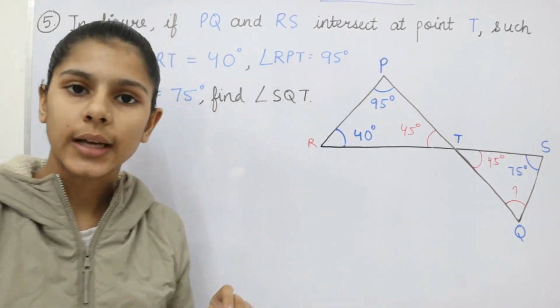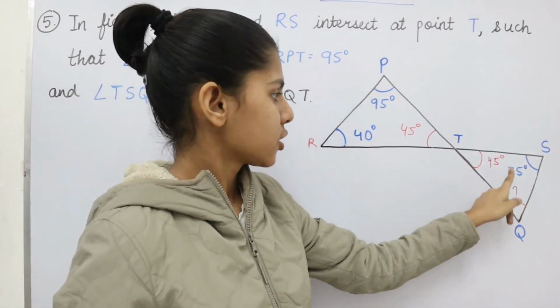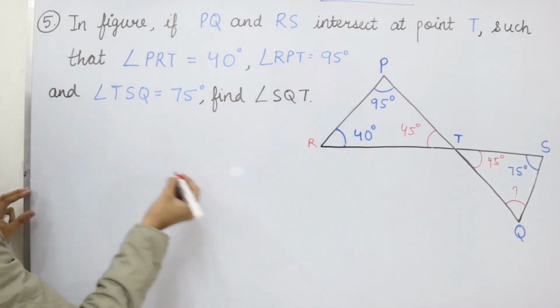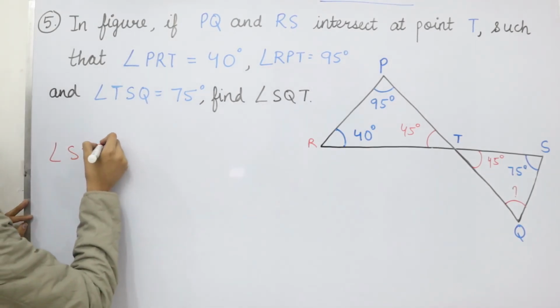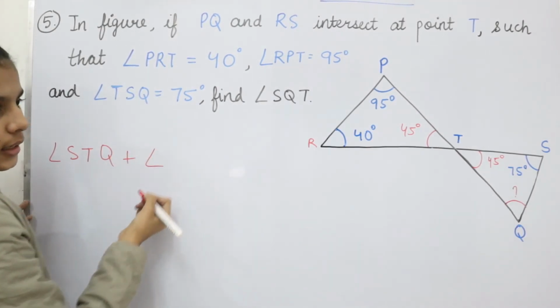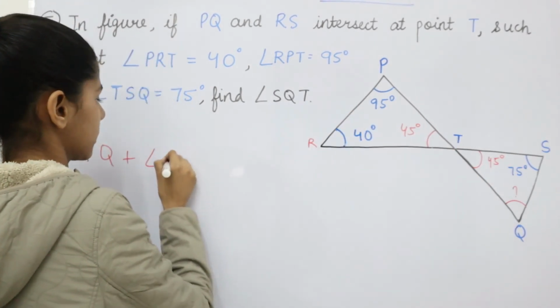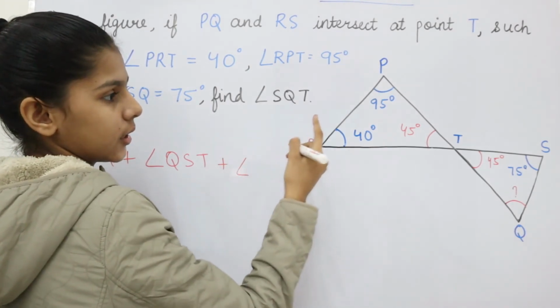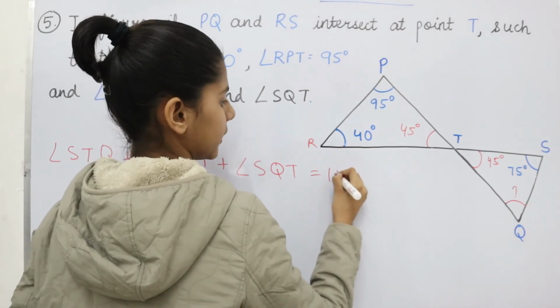So how are we going to calculate it? This is one triangle, so the sum of all the three angles will be 180 degrees. In the same way, it will be angle STQ plus angle QST plus angle SQT will be 180 degrees.